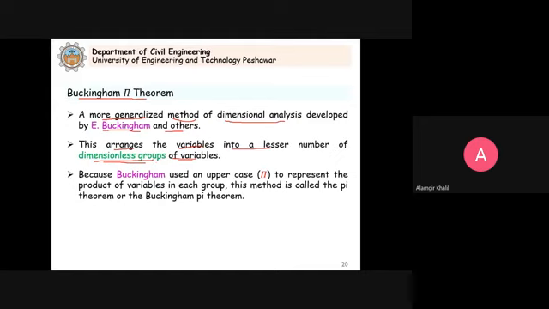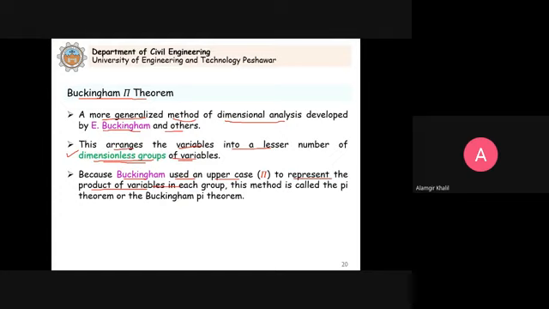Buckingham used an uppercase pi to represent the product of variables in each group, meaning the dimensionless groups. So he said, okay, in any fluid mechanics problem, you do the dimensional analysis and you get different dimensionless groups. You get one group, you get two groups.